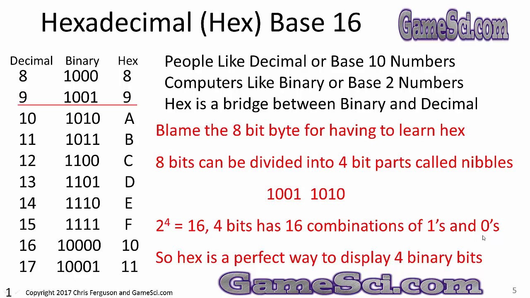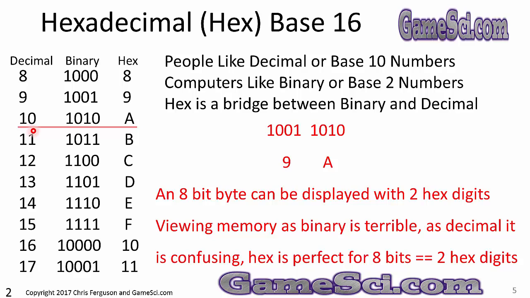So from 0000 to 1111, there are 16 unique combinations. So hex is a perfect way to display 4 binary bits. Decimal 10 is binary 1010 and is the hex digit A.